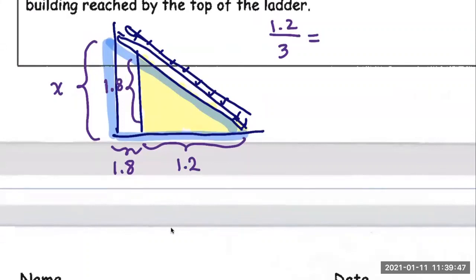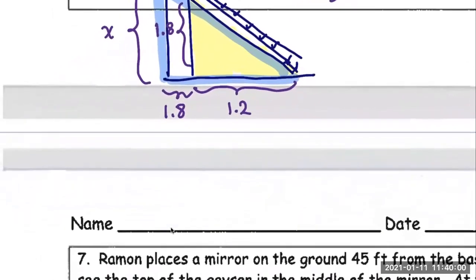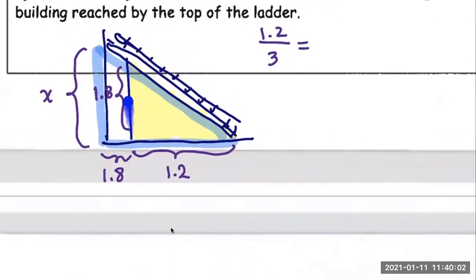Good. And as you're typing that in, you always want to think of it as if I did yellow to blue, I want the right to be yellow to blue as well. So the yellow to the blue on the right-hand side would be the 1.8 of the height to the X that I'm trying to solve for. So very good, 1.8 to X. Once you get the proportion, you can solve for it.